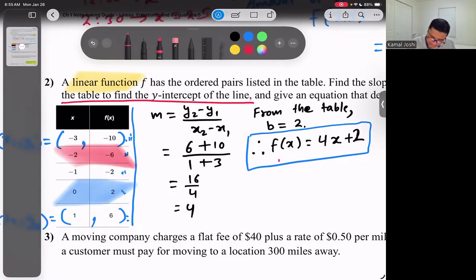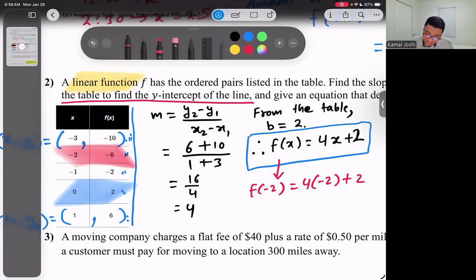Then what I would do here is evaluate f of minus 2. And according to the formula, it will be 4 times minus 2 plus 2. See, I got the equation 4x plus 2 not by using the point minus 2 minus 6, right? I used minus 3 minus 10 and 1 6. So now I am finding without using that.